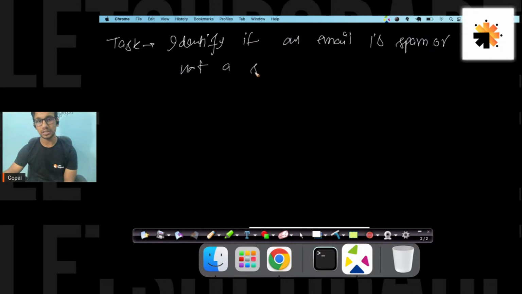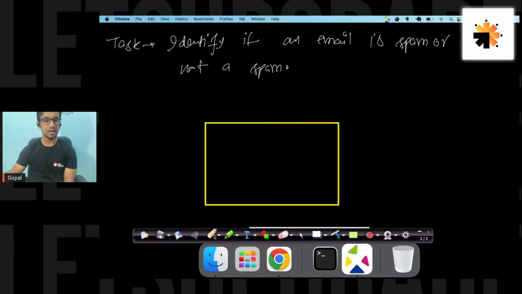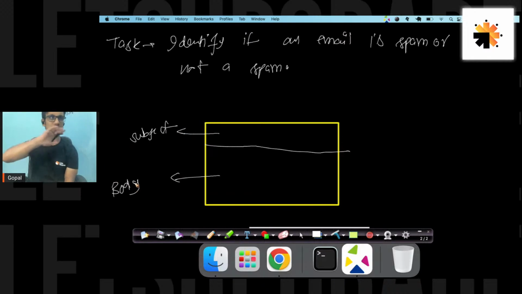Assume this is something you need to figure out. You have an email, you have a subject, and you have the body of that email. Body basically means whatever the sender has sent you.